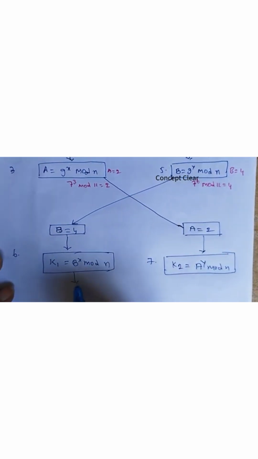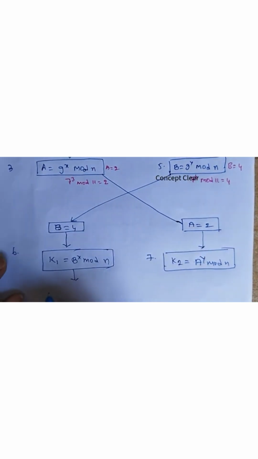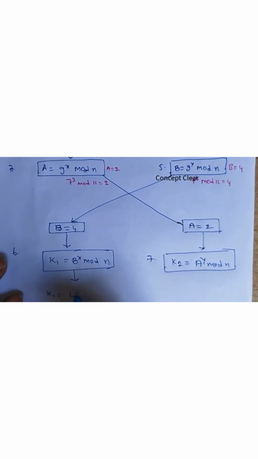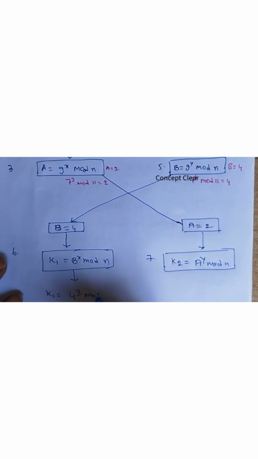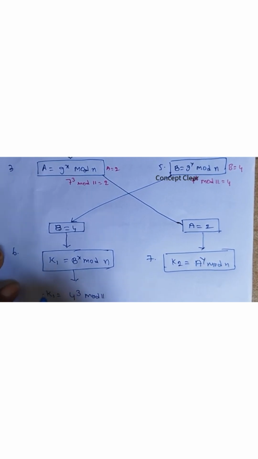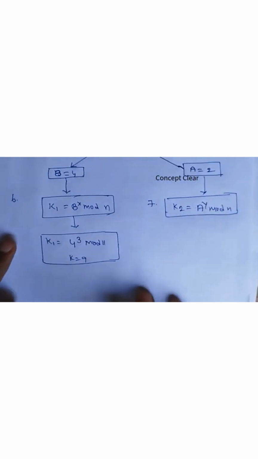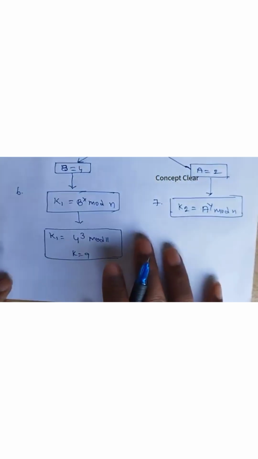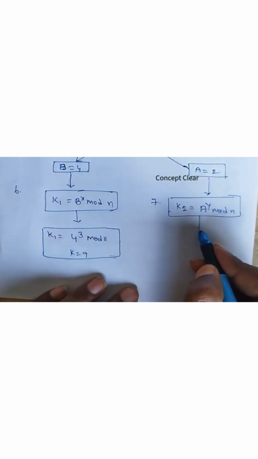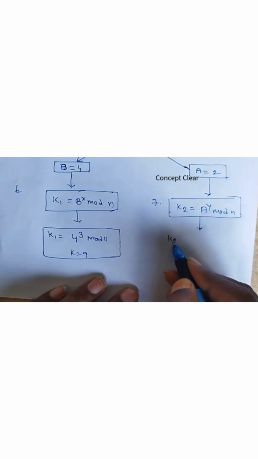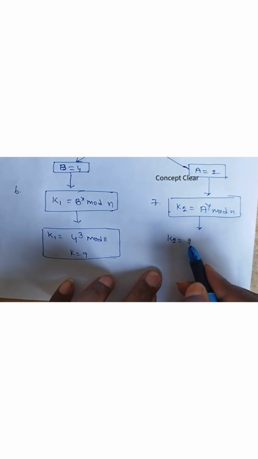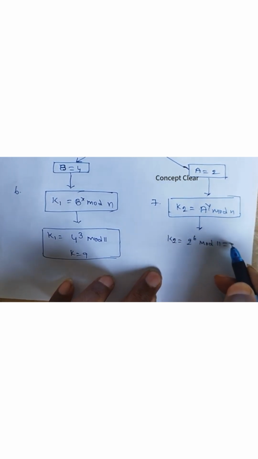Okay, if you substitute these values, k1 equals 4 power 3 mod 11, that equals 9. So the k value equals 9. And on the receiver side, k2 equals 2 power 6 mod 11, that equals 9.